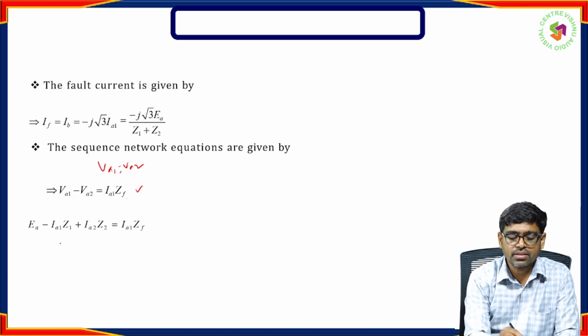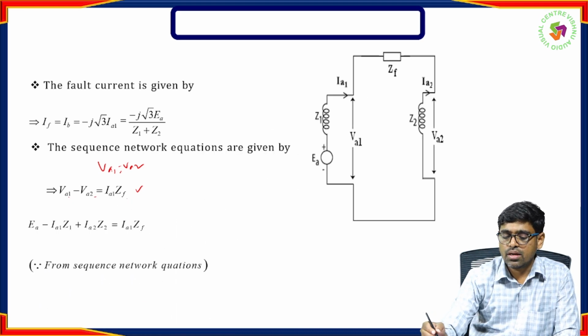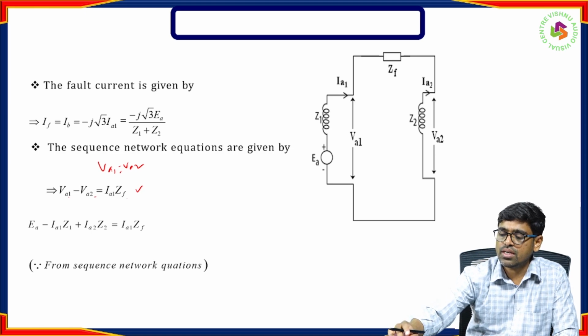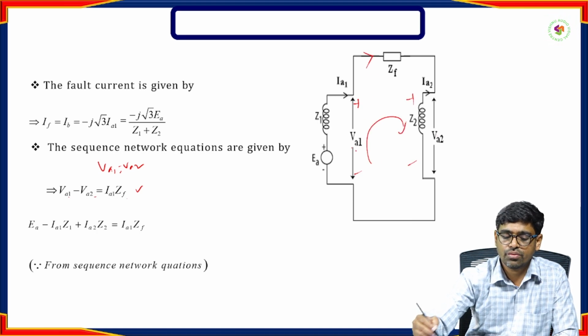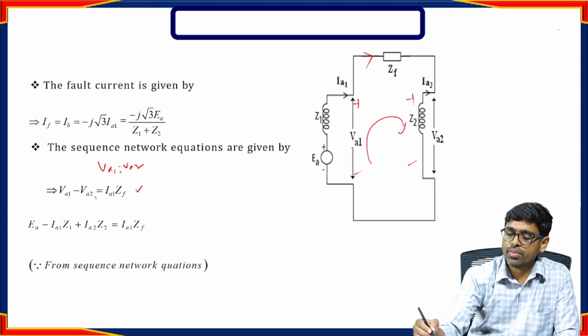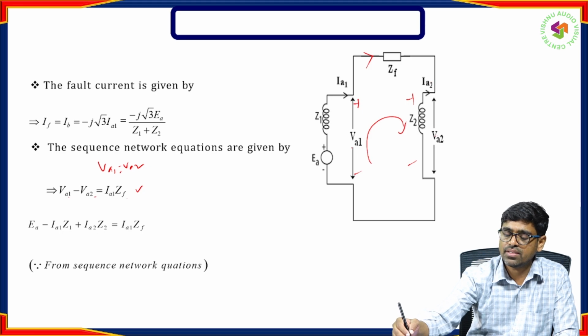If you write the relations, VA1 means EA minus IA1 into Z1, and VA2 means minus IA2 into Z2, and minus into minus gives plus, equal to IA1 into ZF. From these networks, we can see the two voltages VA1 and VA2, and if you take loop analysis, VA1 minus IA1 into ZF plus VA2 equal to 0.